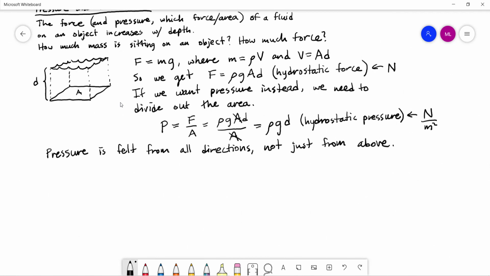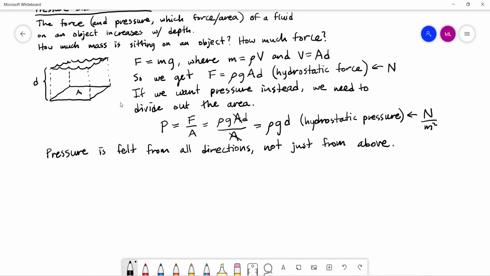And this is the same thing on a submarine. When a submarine is under the water, the pressure is pushing in from all directions. It's not like getting a leak on the top of your submarine is somehow worse than getting a leak on the bottom side of your submarine. If you get a leak anywhere on the submarine, you're going to have water spraying in through that leak when the submarine's 500 meters under the surface of the water.